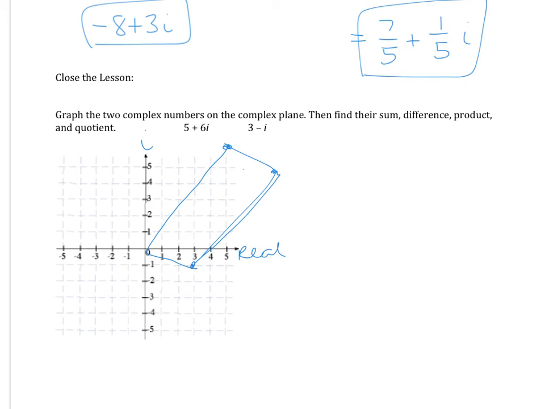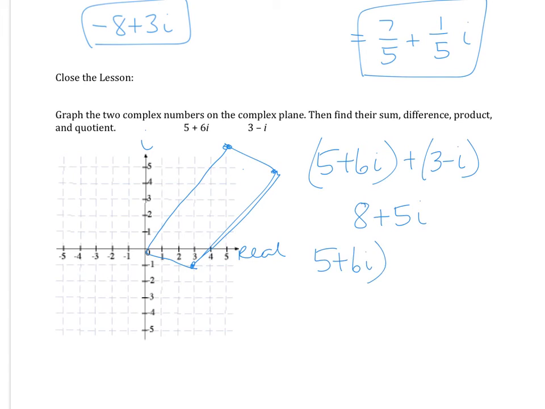So adding, we would get 8 plus 5i. Okay, subtracting. We get 2 plus 7i.